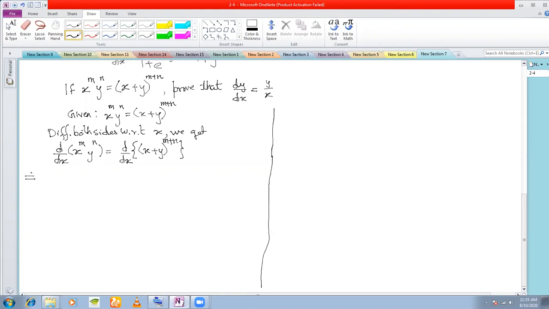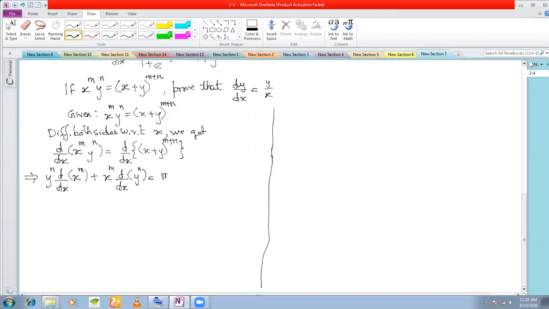Okay, that means I will differentiate this by u into v rule, y to the power of n ddx x to the power of m plus x to the power of m ddx y to the power of n is equal to, what will this be?